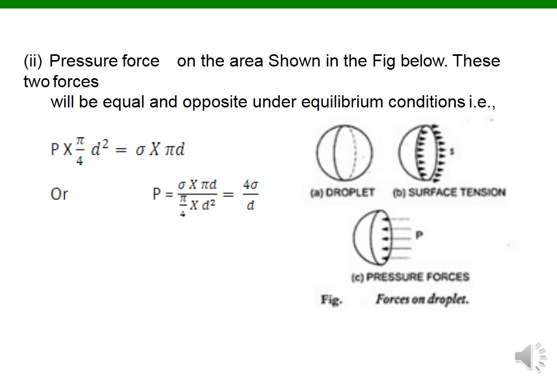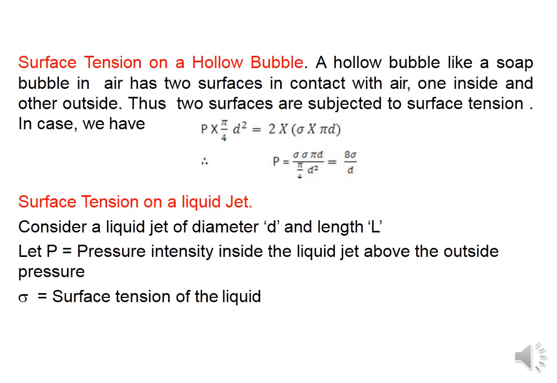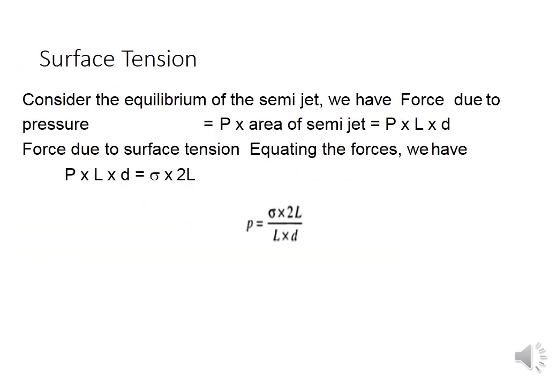If you modify it, you will get P is equal to 4 sigma by D. 4 sigma by D, 8 sigma by D, and 2 sigma by D. These are the three expressions for a droplet, a bubble, and a liquid jet.